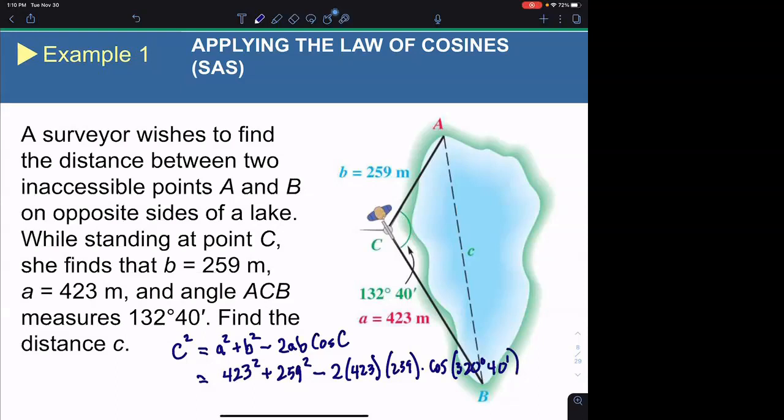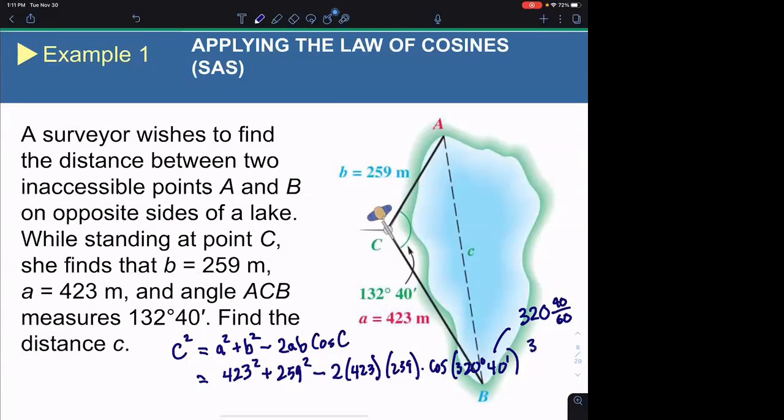And again, if you don't have a way to put minutes on your calculator, because you're just going to type all this on your calculator, then to put this into decimal form, this would be 132 degrees plus 40 over 60, because a minute is a 60th of a degree and you have 40 of them. So that's 40 60ths of a degree. And you can see that reduces to 2/3.